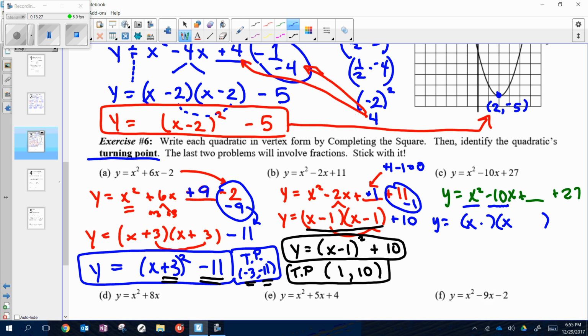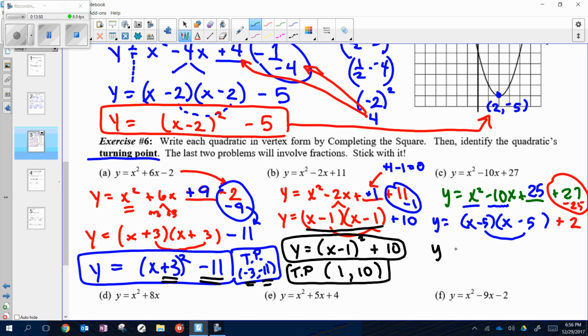Negative 10 split in half is negative 5 and negative 5. Multiply those two together, 25 is my number I need to make a perfect square. But if I add in a 25, I also need to take off a 25. So this number at the end is a positive 2. 27 take away 25 is 2.